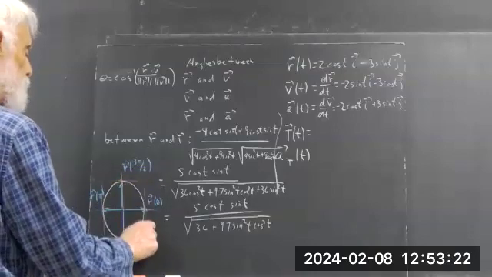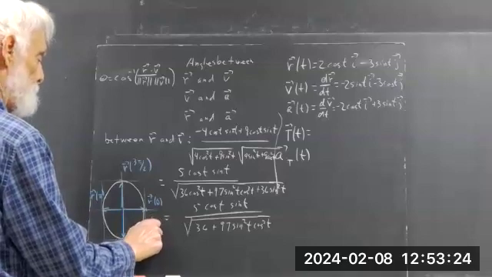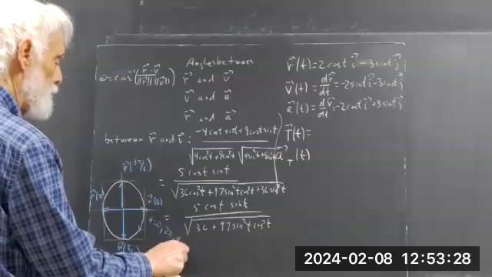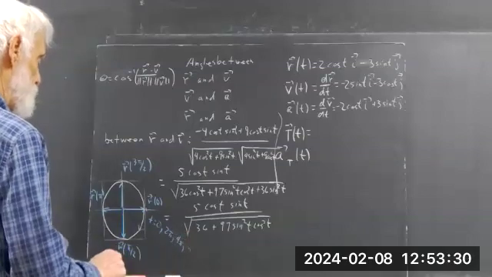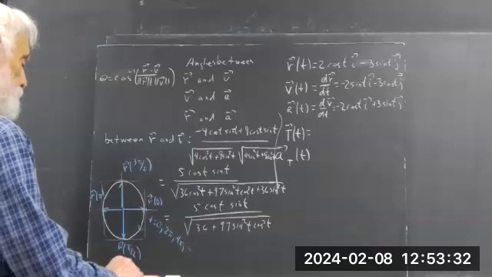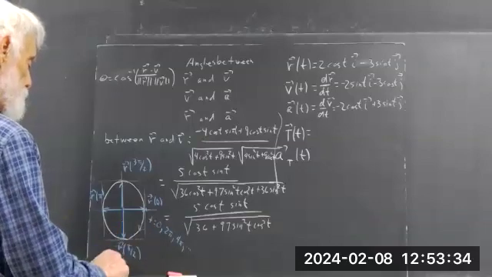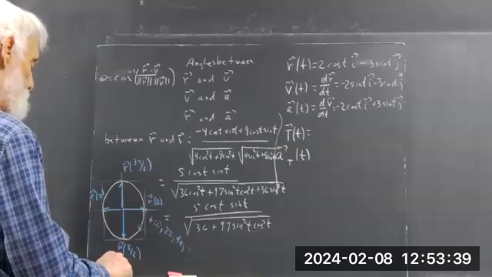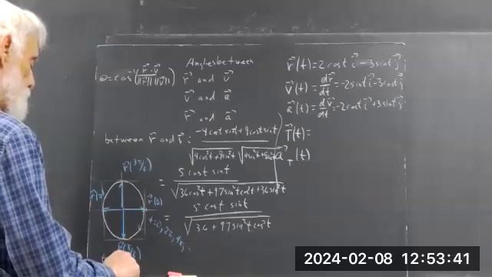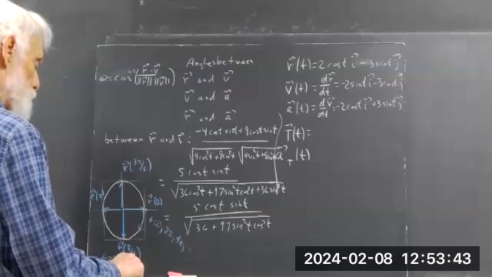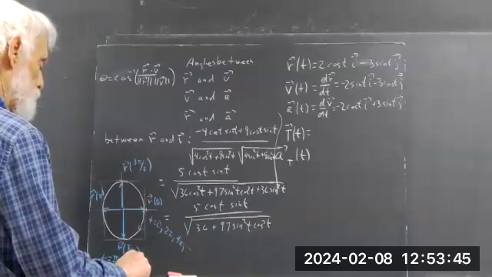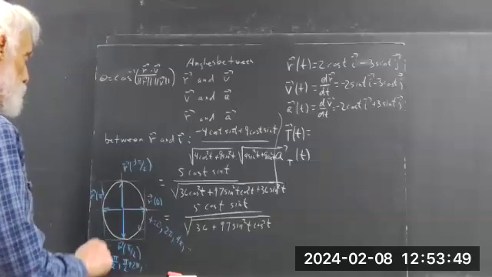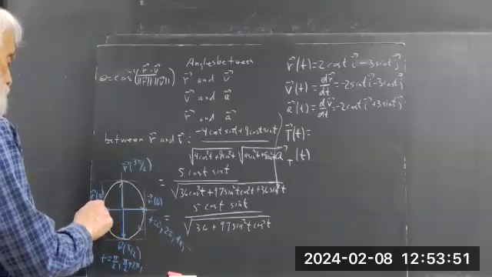So we're at this point at t equals 0, 2 pi, 4 pi, etc. Here we're at t equals pi over 2. Add 2 pi, that's 5 pi over 2, and so forth.